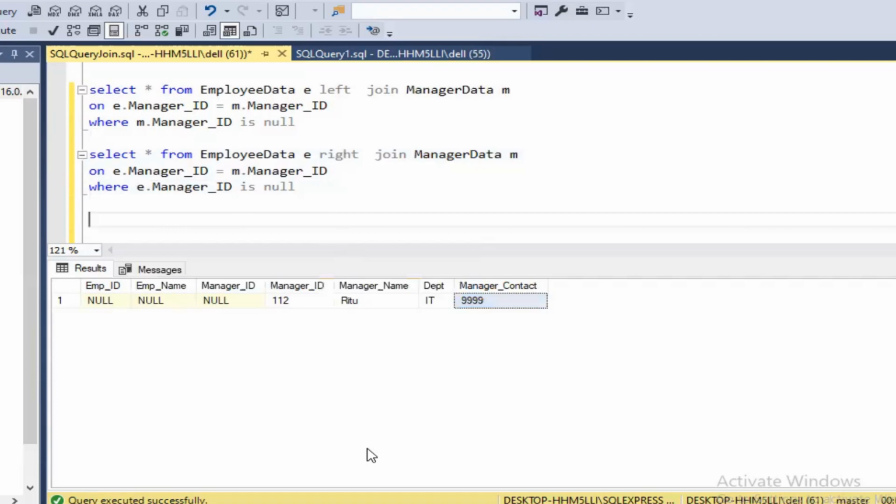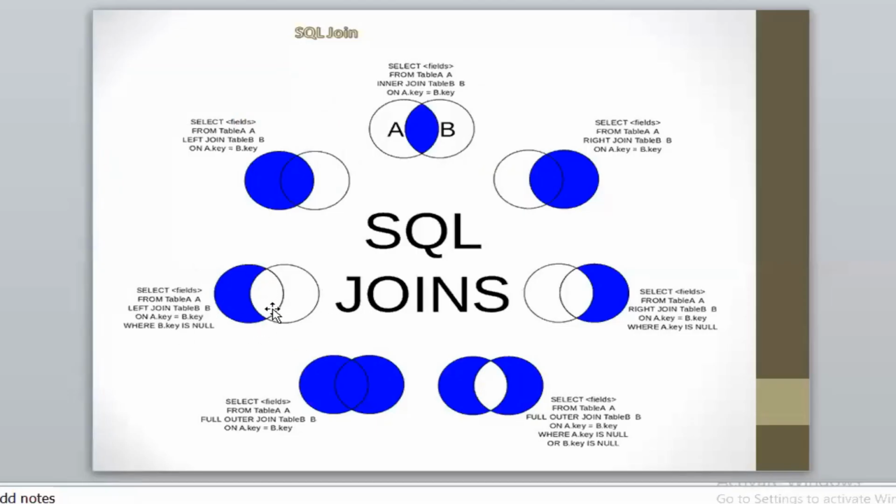Okay, so that's for that purpose. These two are part of left join only, these two are part of right join, this is inner join, and this is full outer join. We already went through full outer join. Here there are additional features.